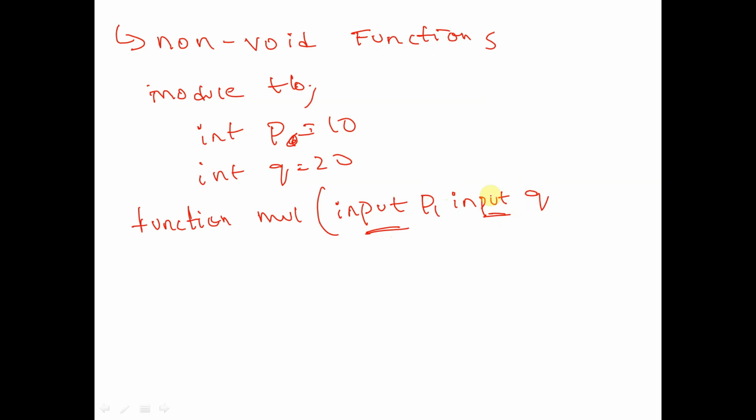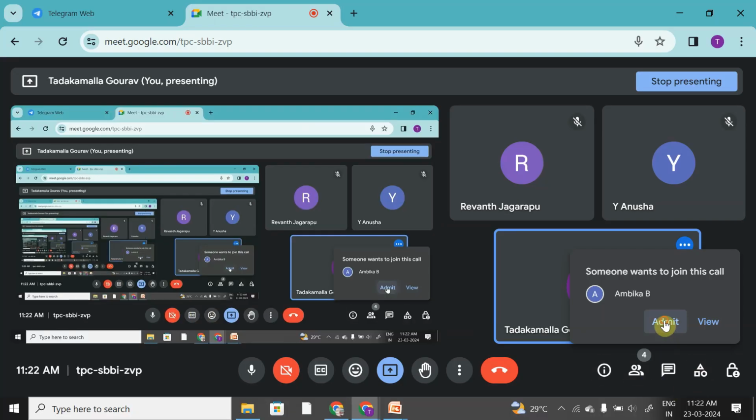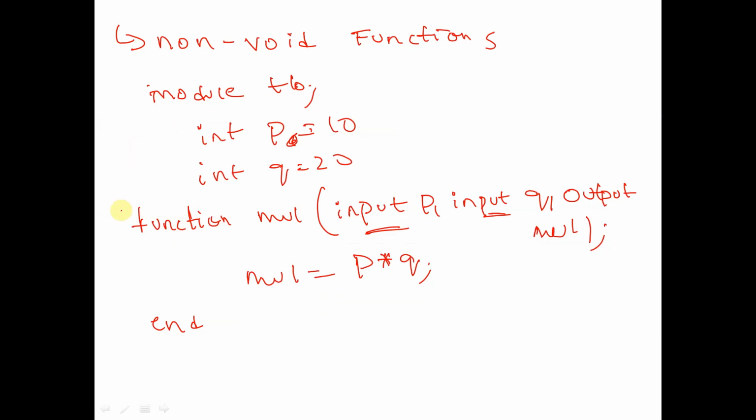These are my two inputs for this function, and I will declare my output as multiply, and I can assign multiply is equal to p times q, and end this function.